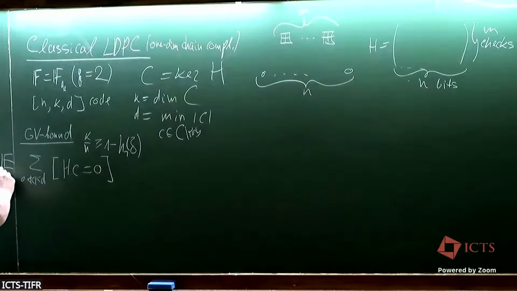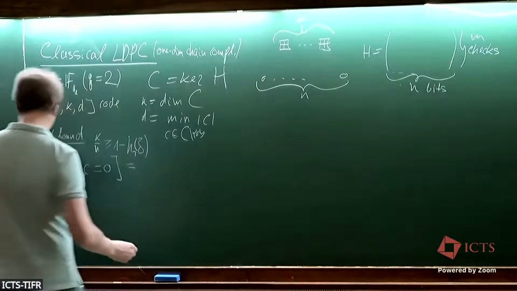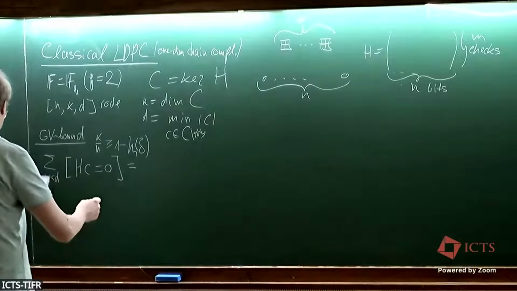We just take a uniformly random matrix and calculate the same quantity.